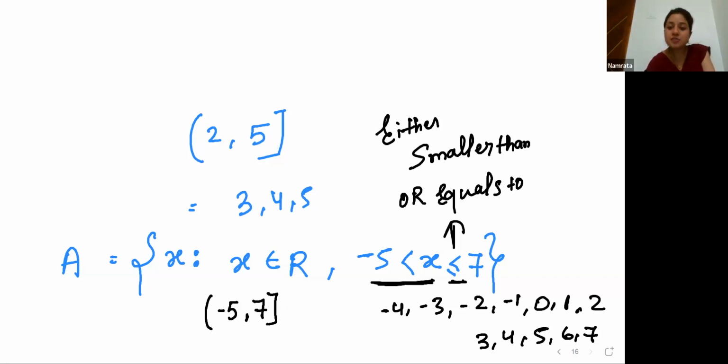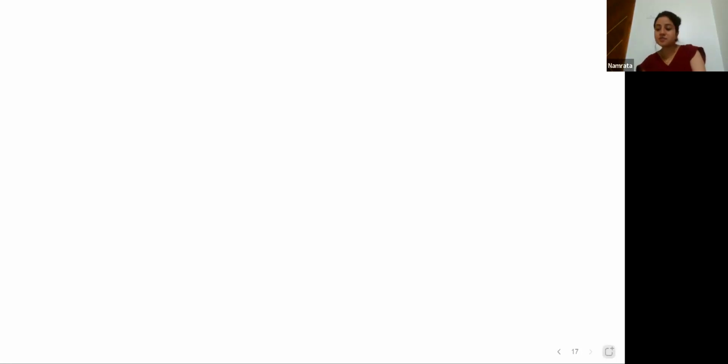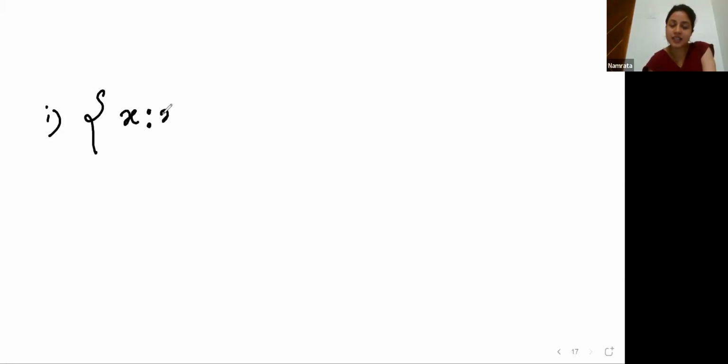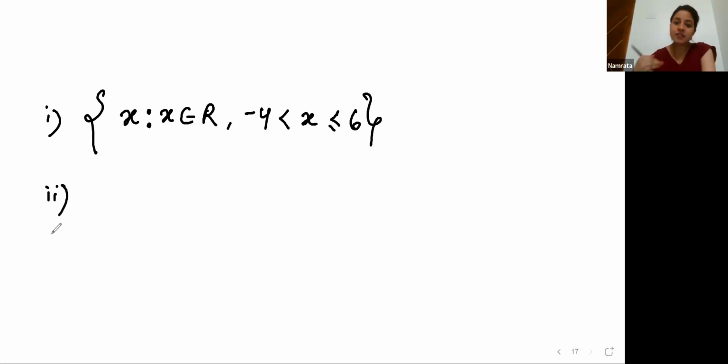Similarly, let's do some questions from here. Suppose we have a set of all x such that x belongs to R, and here -4 < x ≤ 6. I'm writing a few sets over here, and you will tell me what will be the interval form for the given set.